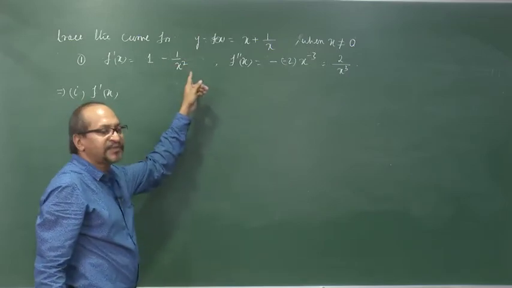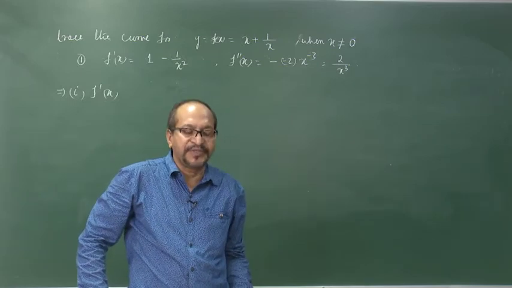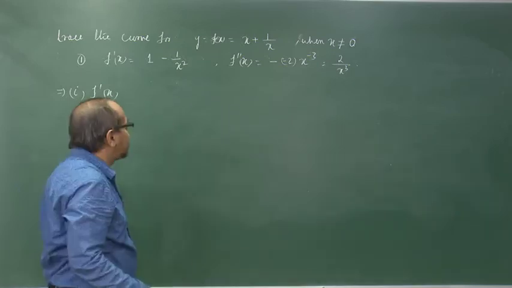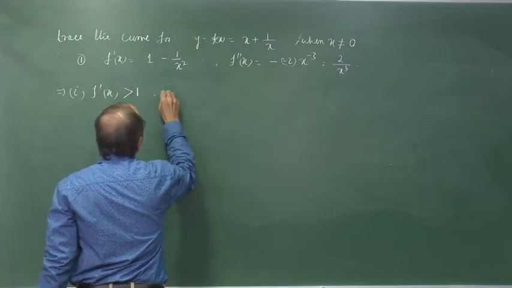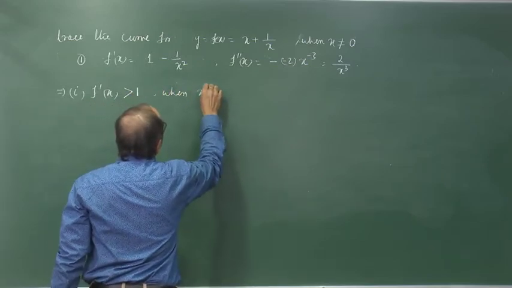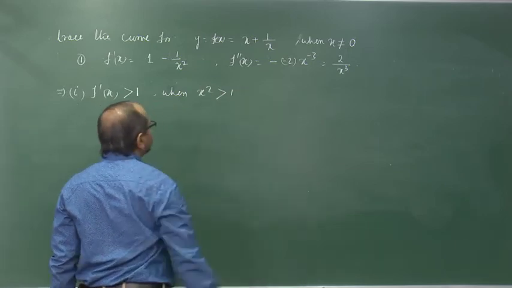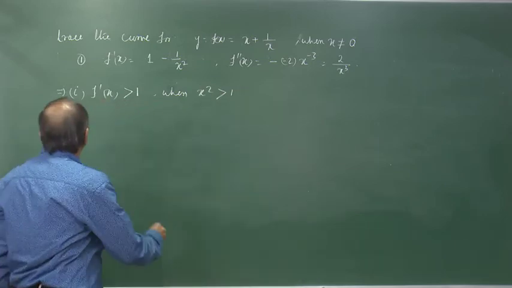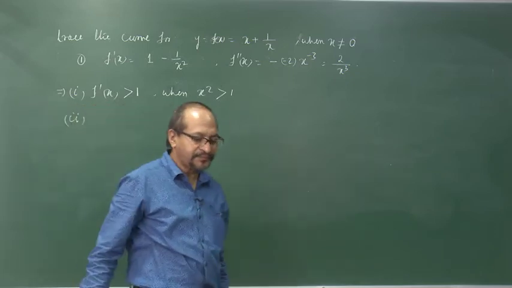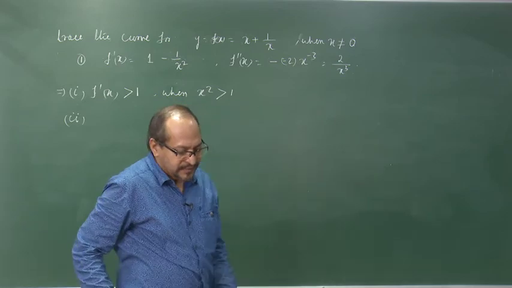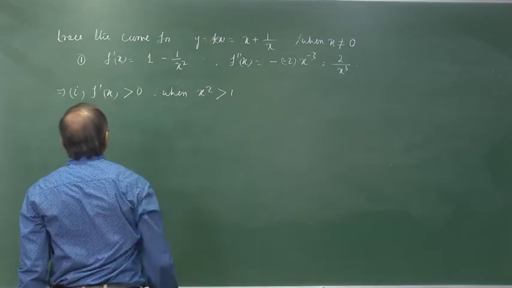Therefore, 1 minus this thing will be a positive number. So, this f dash x is greater than 0, it is positive, when x square is greater than 1.